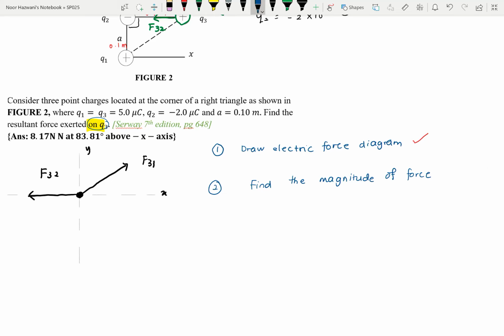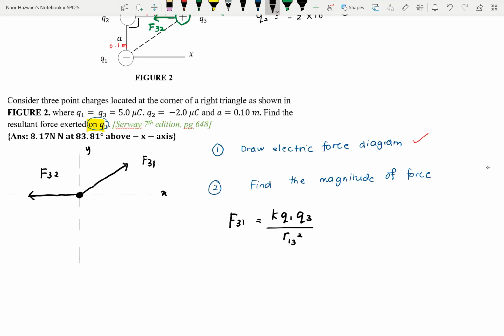So, kita akan cari magnitude for both of the forces. Okay. So, kita start dulu dengan F31. So, F31 equals to K Q1 Q3 over R13 squared.